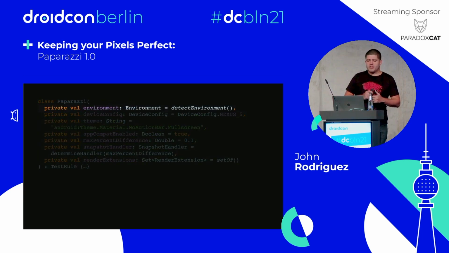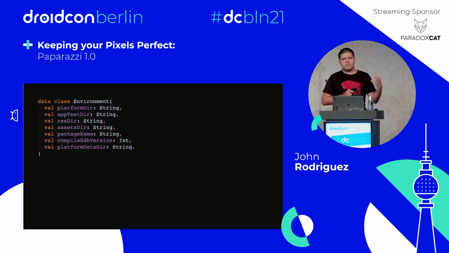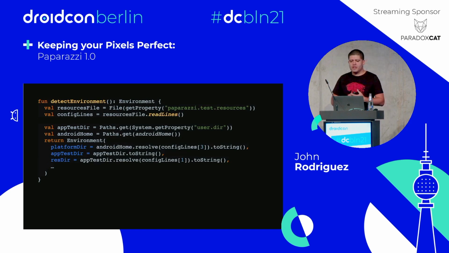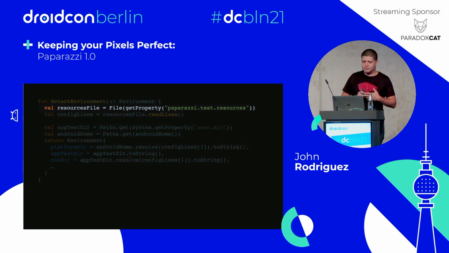If we look at this environment, we'll see that it passes a bunch of paths to Layout Lib, basically informing it where all the things are, where the assets are, because this is driven off of the IntelliJ project, it needs to know where these things are. By following the conventions, you'll be rewarded because all these things will be found for you, but again, you can customize it as you see fit.